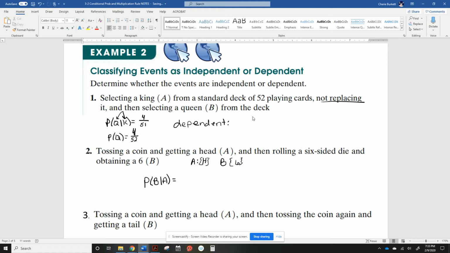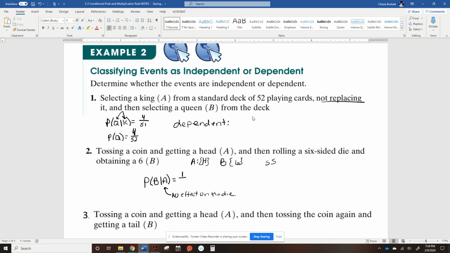Absolutely nothing. The tossing of the coin has no effect on the die that we're going to roll. So since there's no effect, the probability that we get a six is 1/6. That's the only thing that we're interested in, so that's one outcome out of a total.